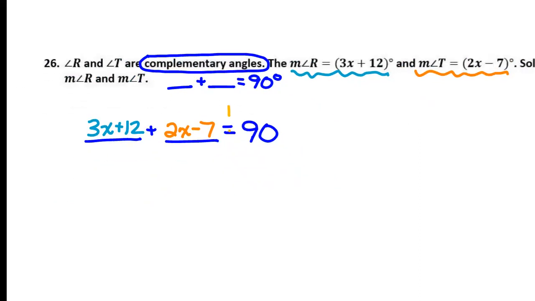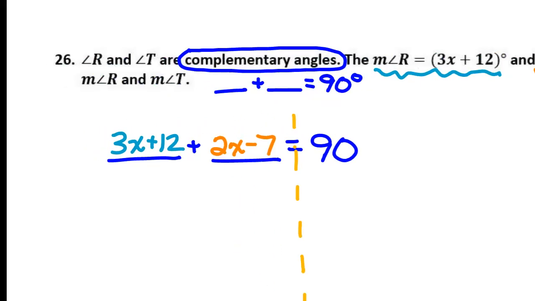And now we're going to solve this. So I'm going to draw a fence because I'm combining things on the same side. When I put the 3x that's over here together with the 2x that's here, I don't minus anything. They are on the same side. That's like having things in both of your pockets. If I've got $3 in one pocket and $2 in the other pocket, how much do I have? $5.